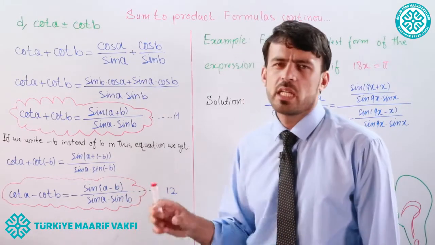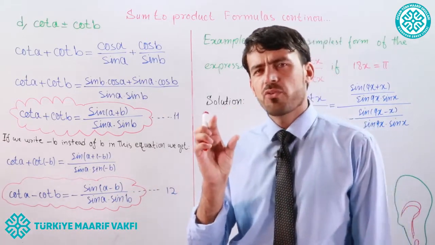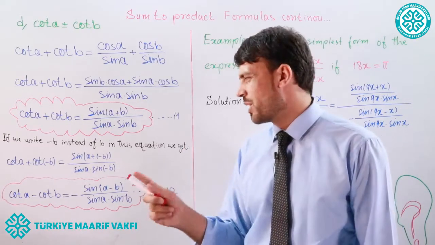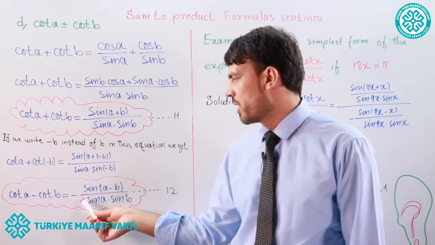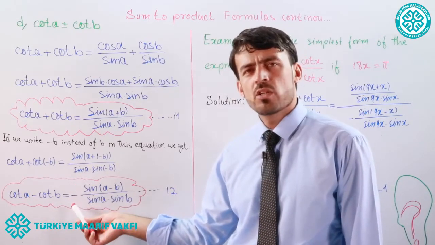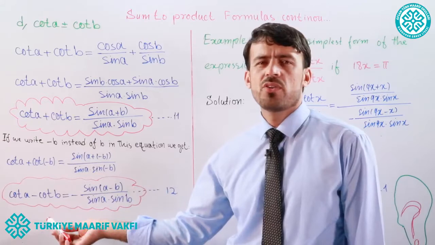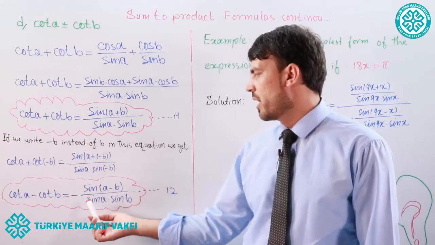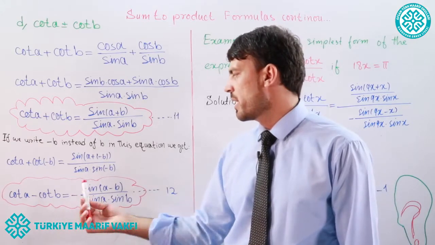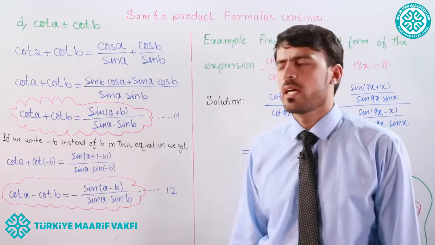We can write the sign of a fraction in three places: in the numerator, in the denominator, or in front of the fraction. So here this sign will be written in front of the fraction.